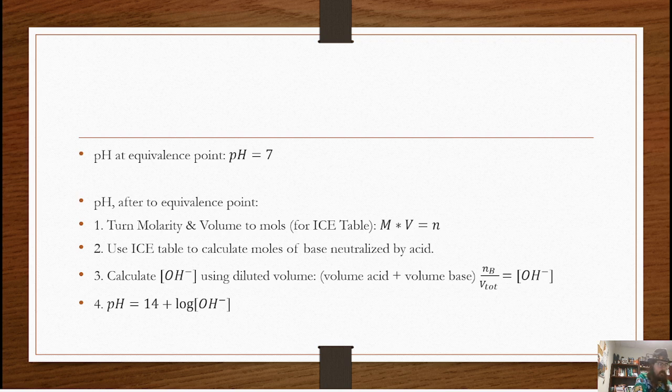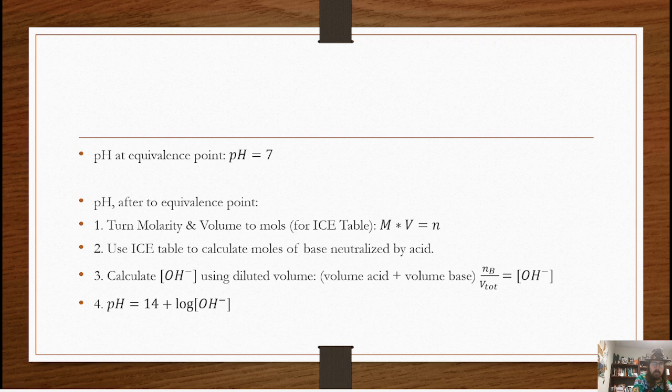But on point 4, we do the same thing. We do MV to moles. We subtract the limiting reactant. We turn the moles back into molarity.